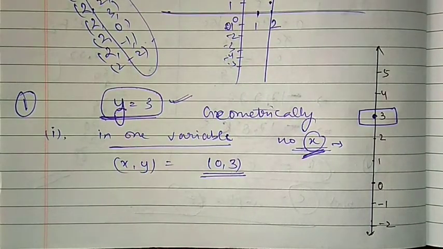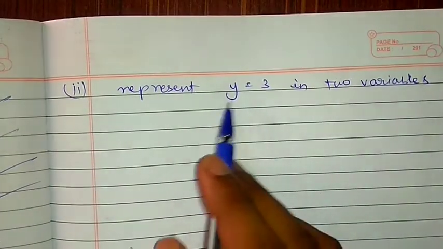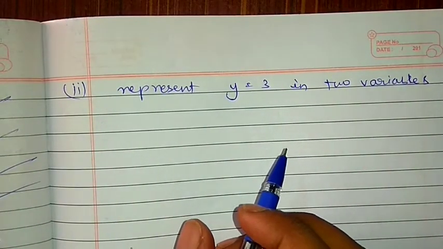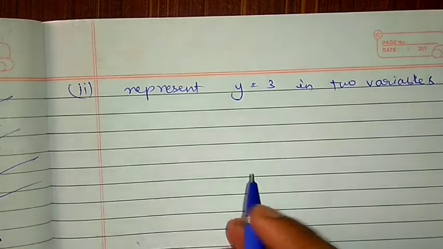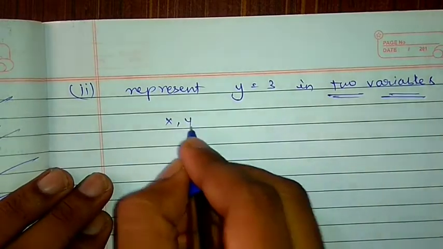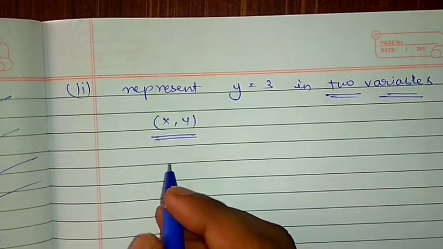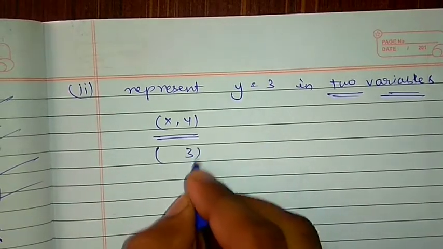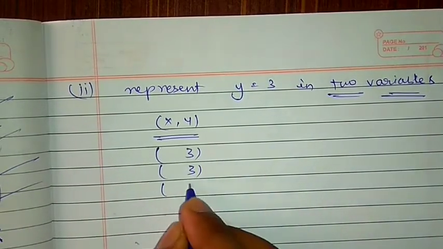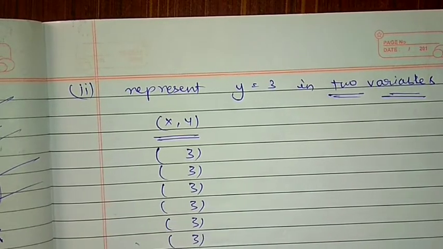And the second part is to represent y is equal to 3 in two variables. If we think of two variables, then we have x comma y, and in x comma y we already have a fixed value of y, that is 3.